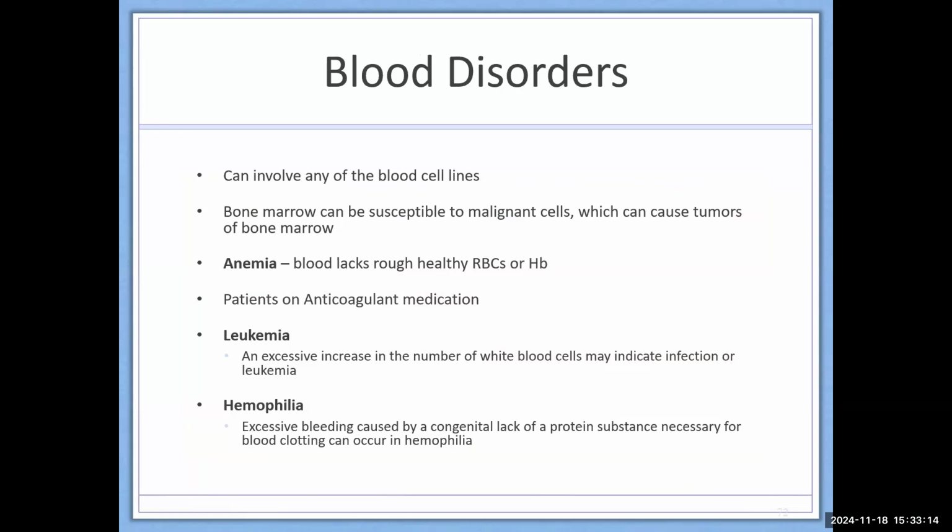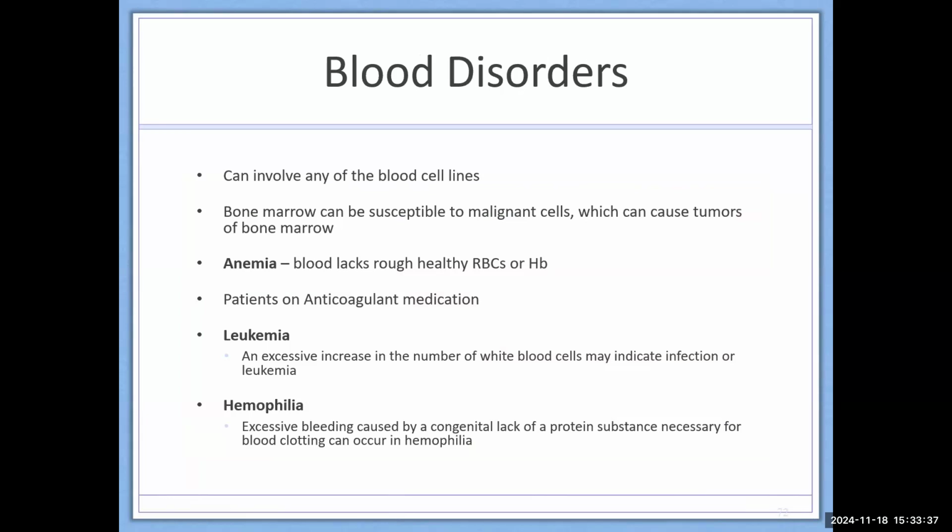The chapter then starts talking about blood disorders, and it can involve any of the blood cell lines. The bone marrow can be susceptible to malignant cells, which can cause tumors of the bone marrow. There's anemia, leukemia, and hemophilia. With anemia, the blood lacks healthy red blood cells or hemoglobin.